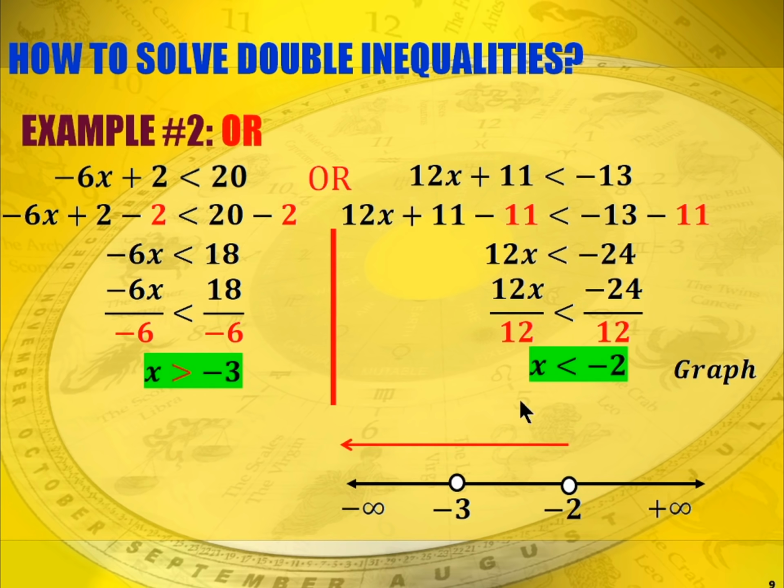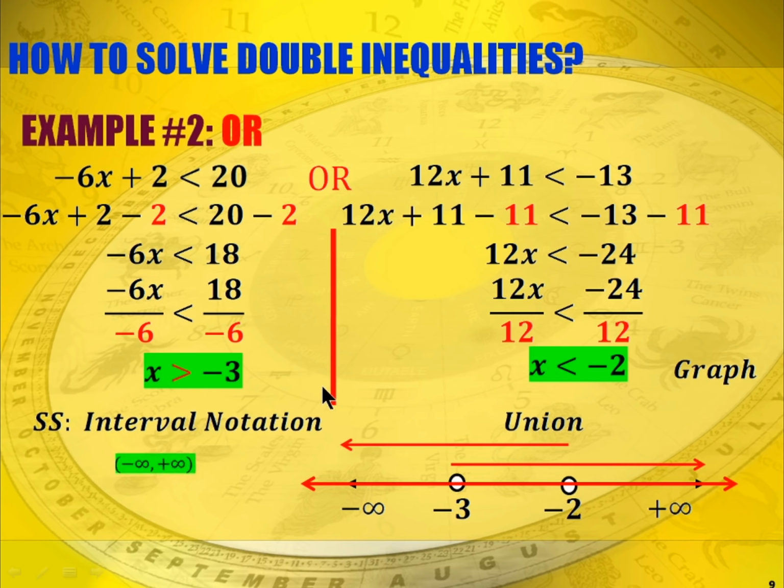This is the graph of x less than negative 2, from negative infinity to negative 2. The second one is from negative 3 to positive infinity. Since this is OR, we'll be getting the union. So the solution set in interval notation is negative infinity to positive infinity.